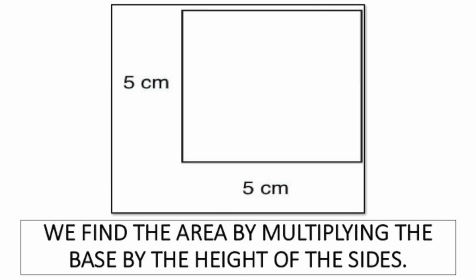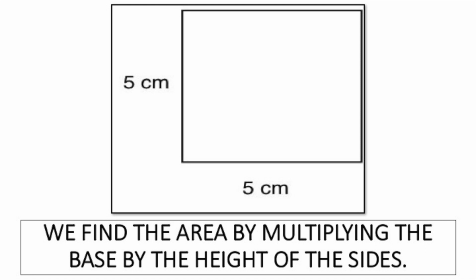We find the area by multiplying the base by the height of the sides. So whereas we used to do length times width for the rectangle, because they were different, with the square, base and height. And you'll notice the base and the height are the same.